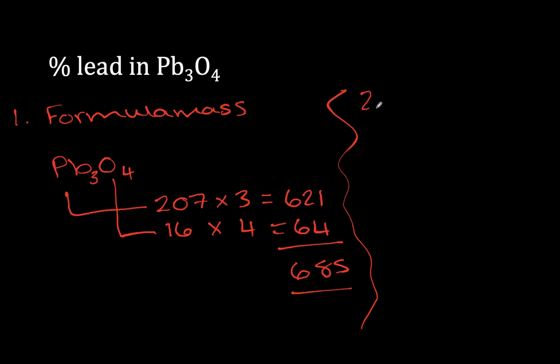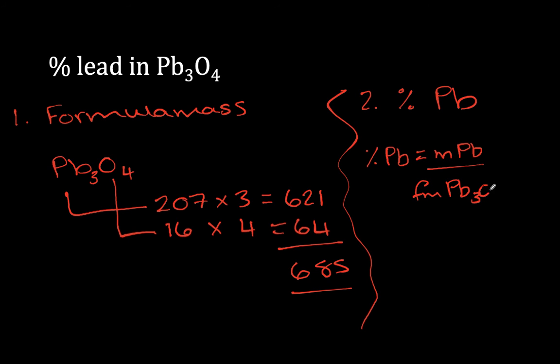Next up, we then calculate the percentage of lead. To do so, we do the mass of lead divided by the formula mass of lead oxide, and we multiply by 100.